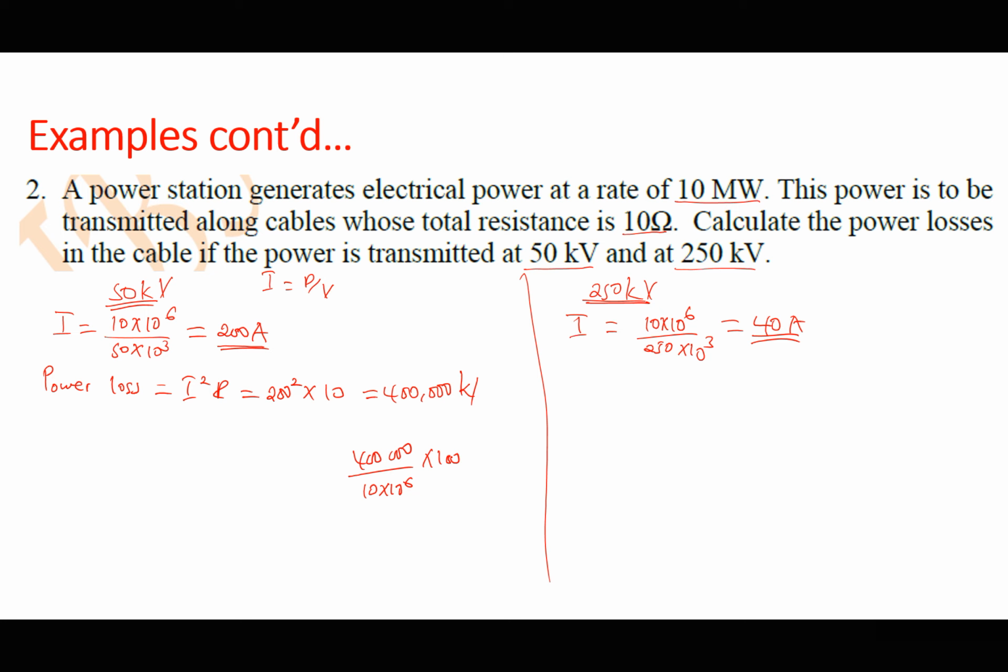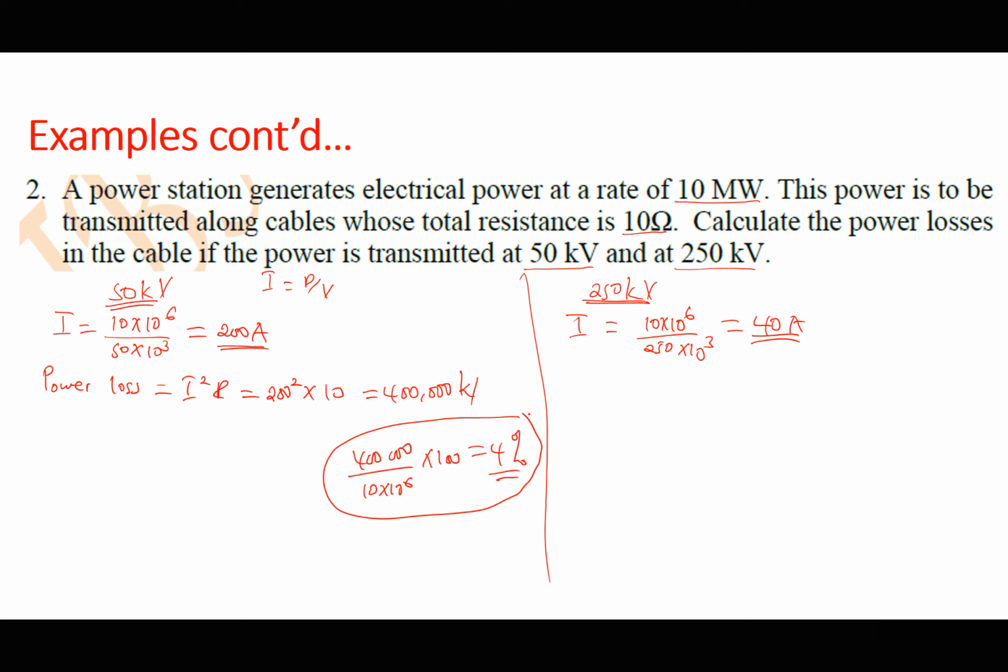What percentage is this? Divide by 10 to the power of 6 times 100. So this is almost 4% which is being lost. Is it 4%? 400,000 times 100 divided by 10 million.